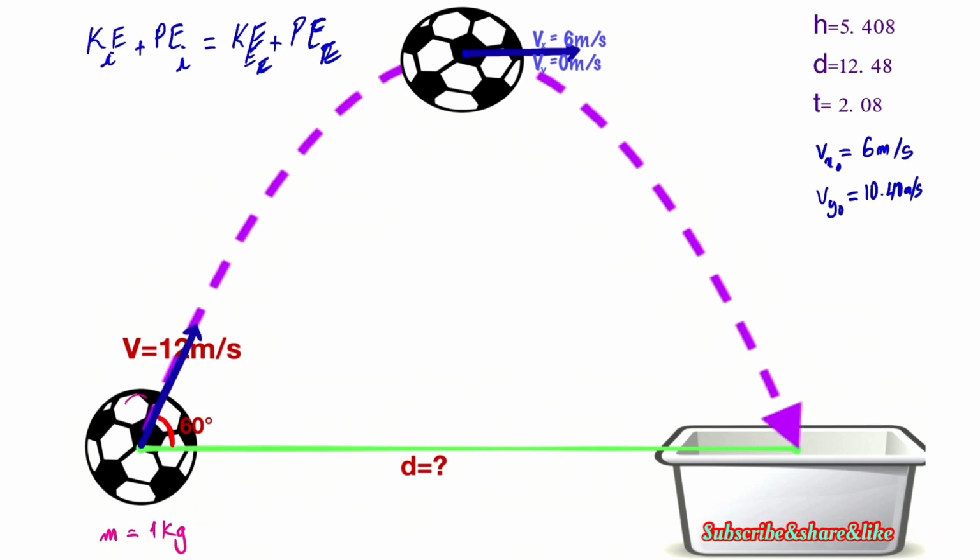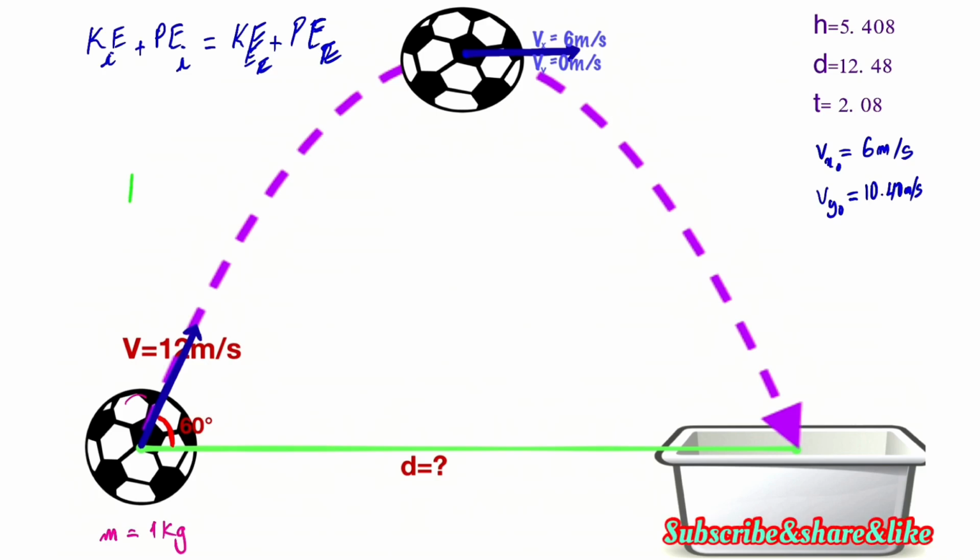I start putting in our formulas. Here we have height 0, so the potential energy is just 0 for the first one. So we will end up with just kinetic energy. Let's write it down.